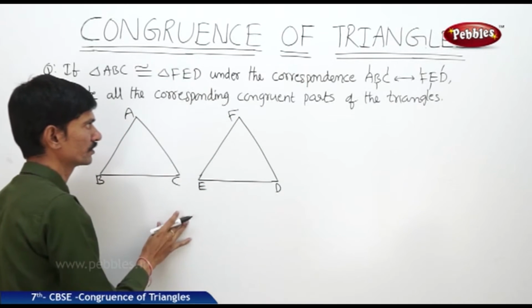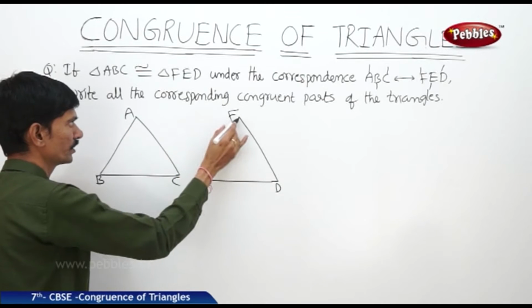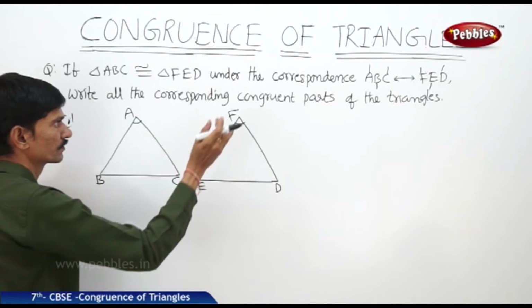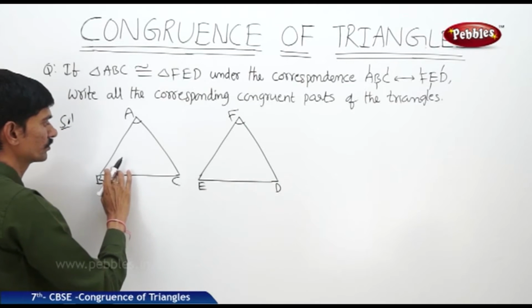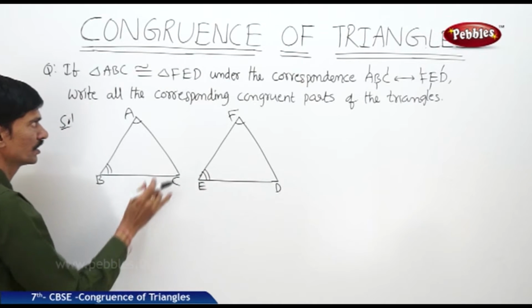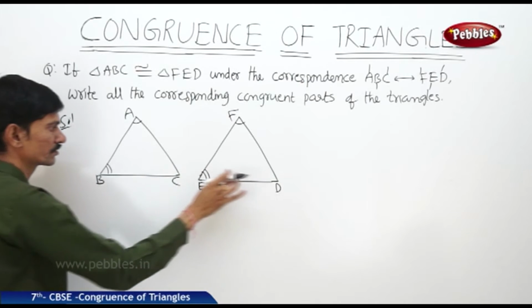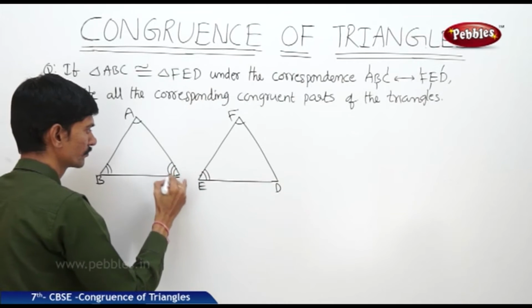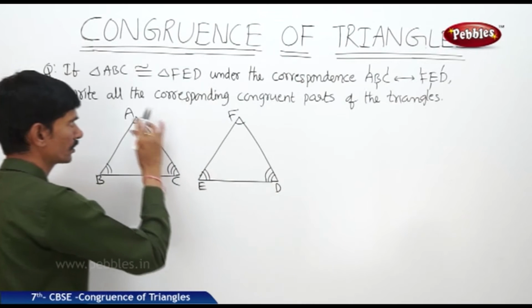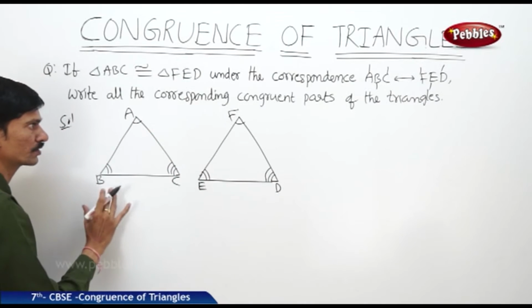Under the correspondence, A corresponds to F, so these two are equal. Then B corresponds to E, then C corresponds to D. Now what are the corresponding congruent parts of the two triangles?